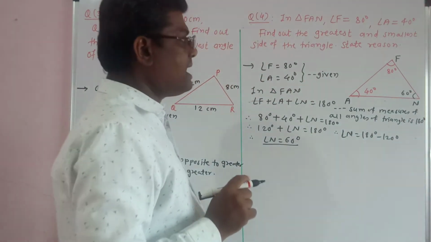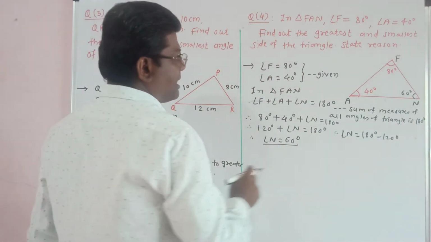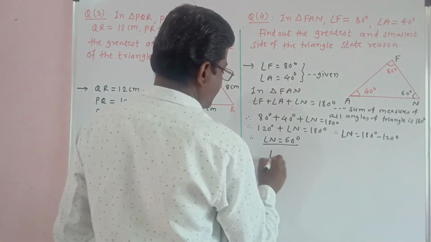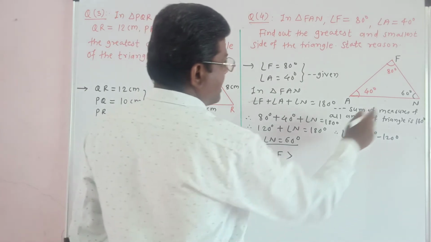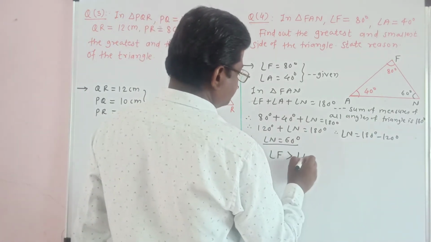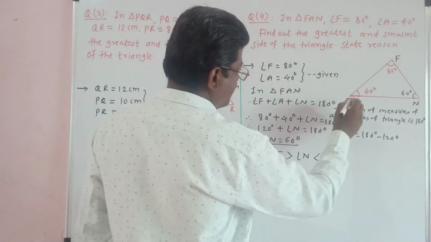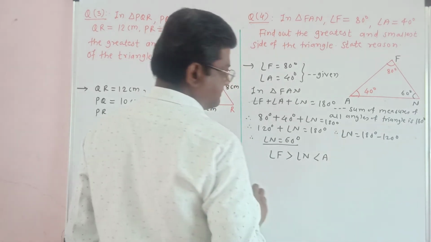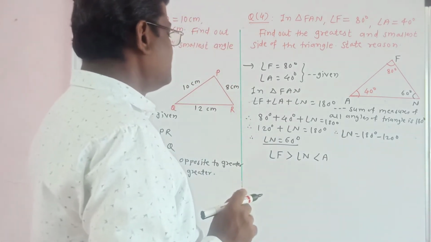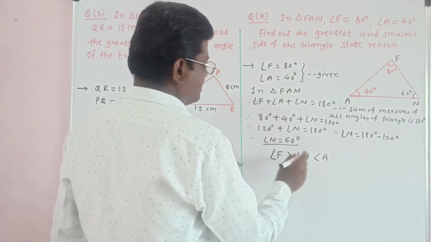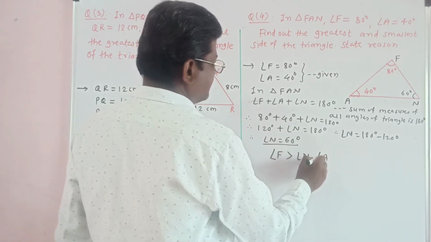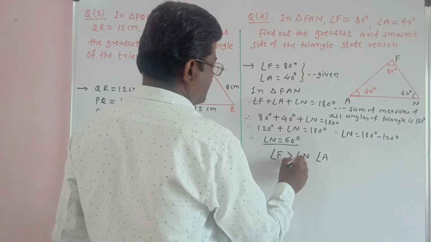Now compare the angles. Angle F is greater than angle N and angle N is greater than angle A. Now consider the sides opposite to these angles.